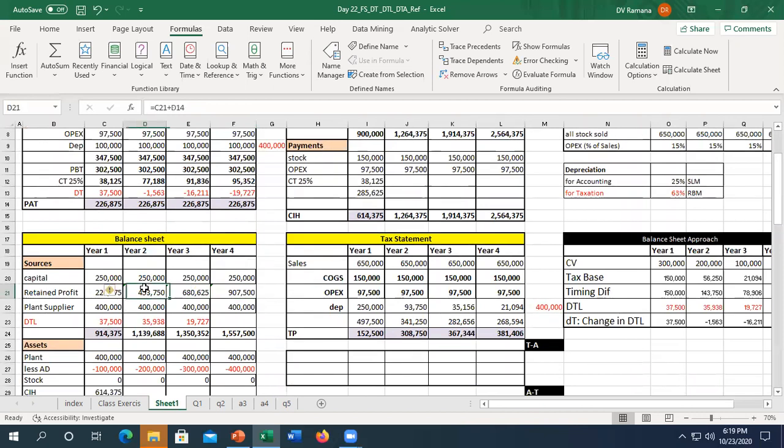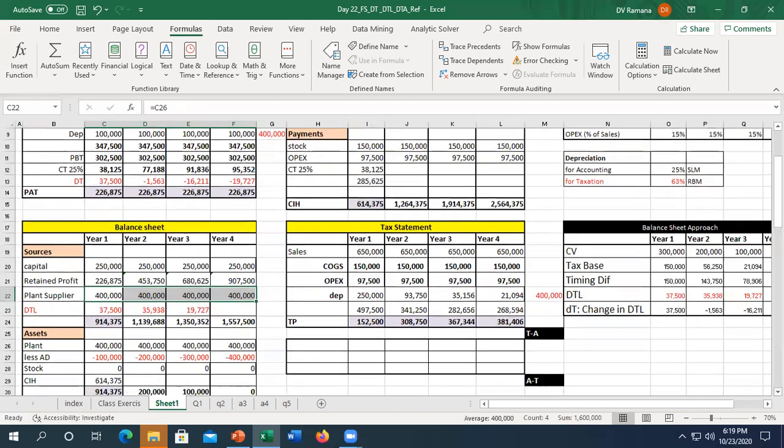The retained profit increases because of the PAT. The plant supplier, we did not pay off the money, so the plant supplier will continue to stay on the balance sheet as a liability. And the DTL, as I mentioned, is on the timing difference, and over a period of time, the timing difference nullifies the deferred tax asset or liability, and DTL slowly becomes zero.